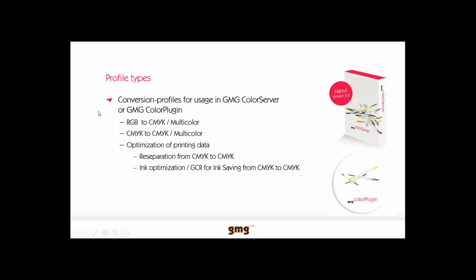And also, one type of conversion profiles are the profiles that optimize your printing data. This means they just reseparate the printing data with another gray balance or with an ink optimization for ink saving.